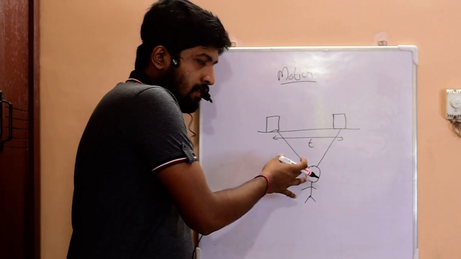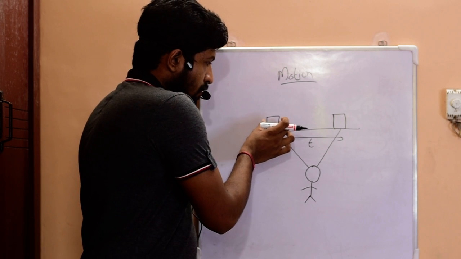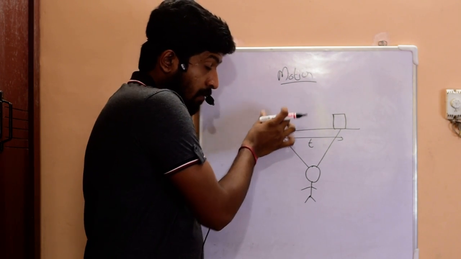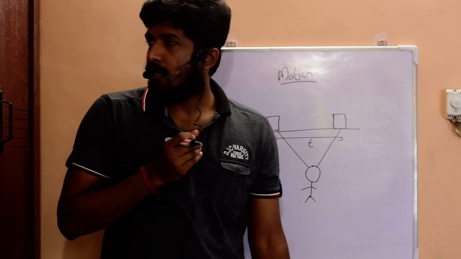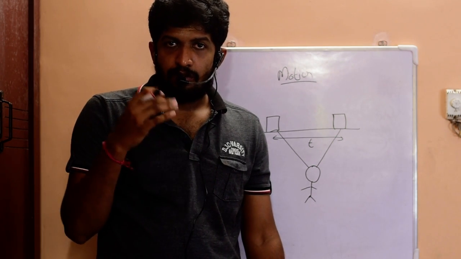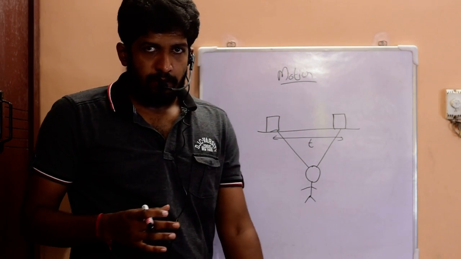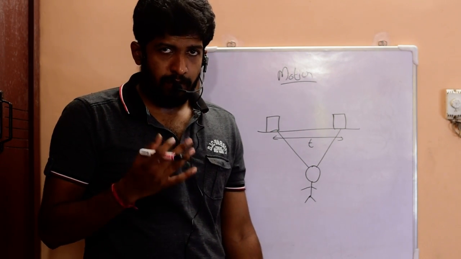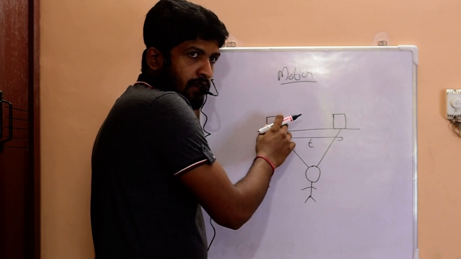With respect to the observer standing here, the object was initially here and now its position is here. So he has to tilt his head in this direction. According to him, the object has changed its position. So we can say, with respect to this observer, this object is in motion.